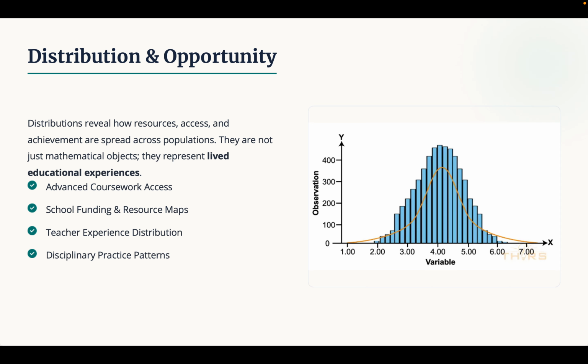One important idea this week is that distributions are not just mathematical objects, they represent lived educational experiences. So when we analyze distributions, we're often examining how opportunities and resources are distributed across communities and learners.